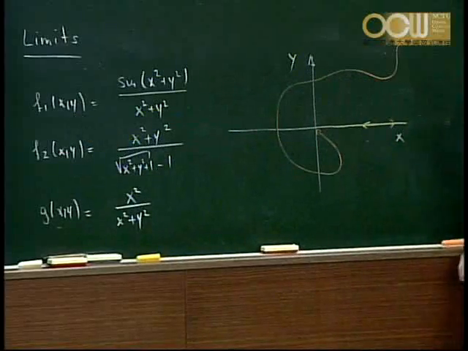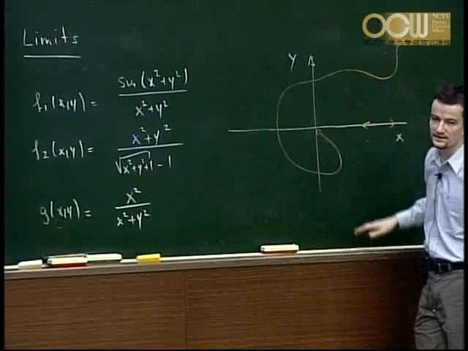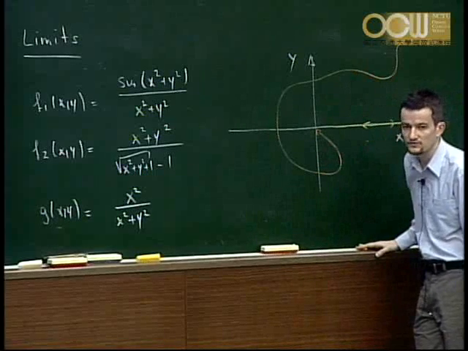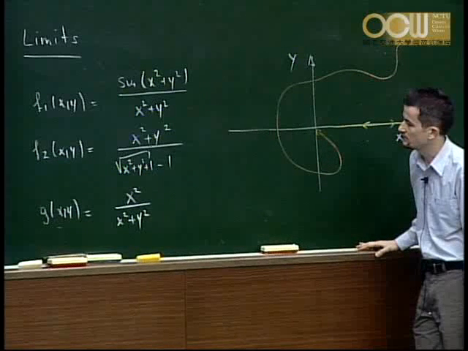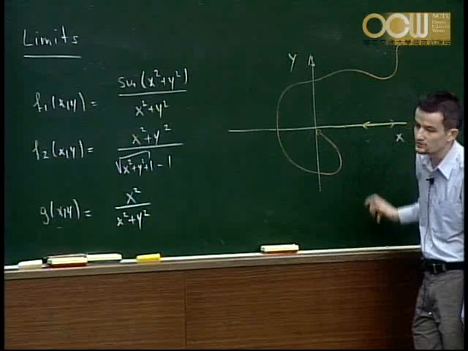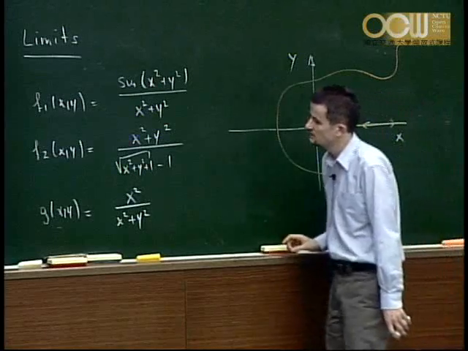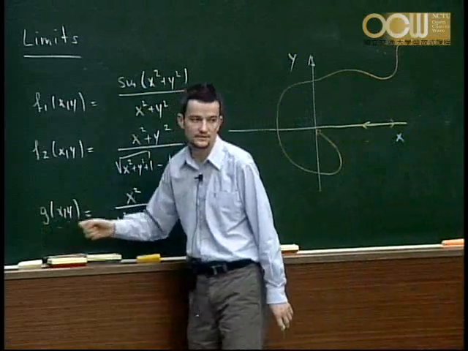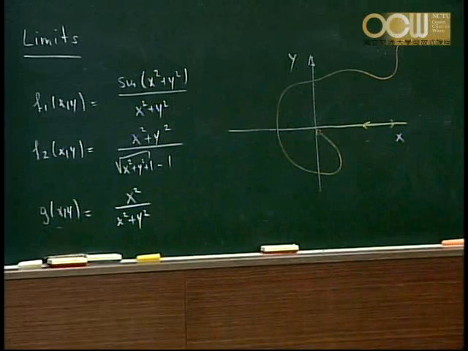For the second one, no matter how you approach, the function value seems to tend to 2. And for the last one, you will notice that it will depend on how you approach, to which value the function value will tend. But you have something similar here to the limit.